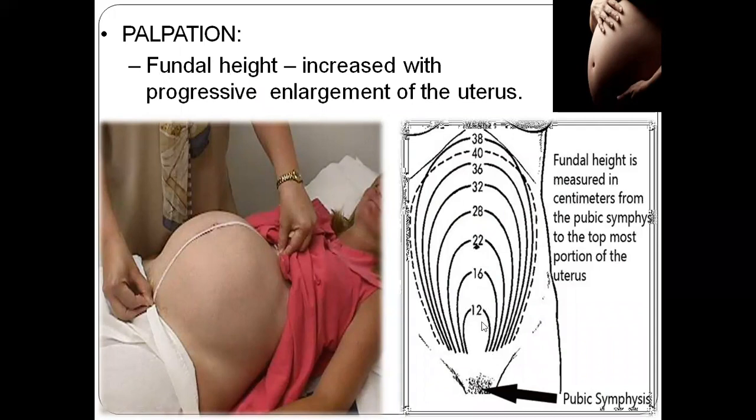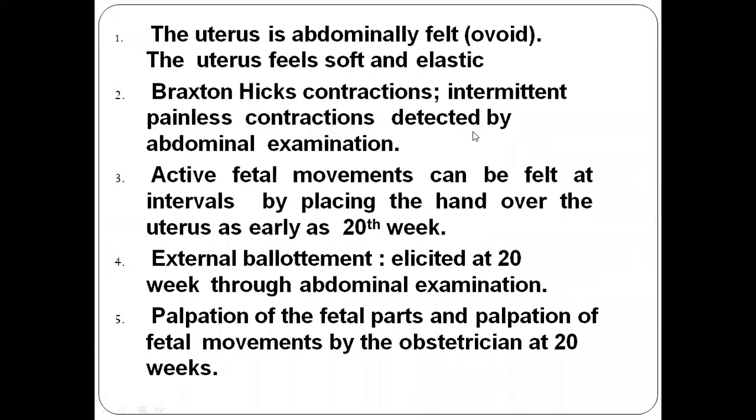Afterwards, as the pregnancy advances, the uterus will gradually enlarge. The fundal height can be measured in centimeters, from the symphysis pubis to the xiphisternum. Then the uterus can be felt abdominally, and it will be ovoid in shape.